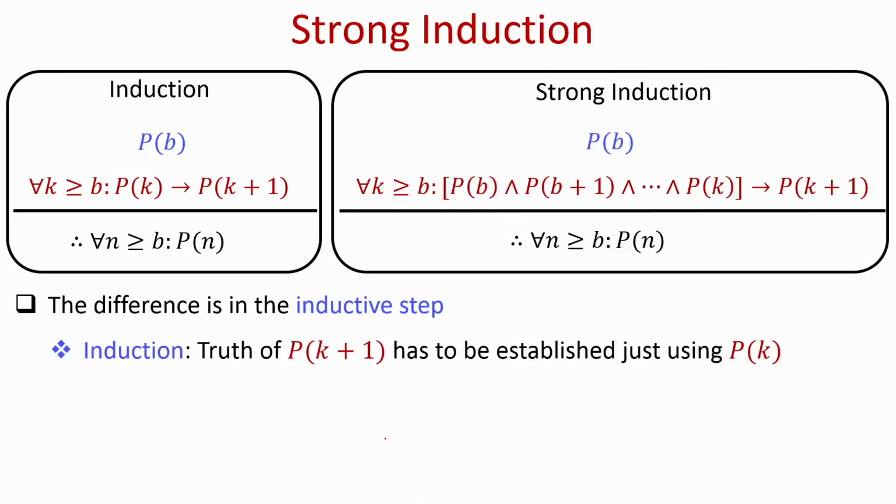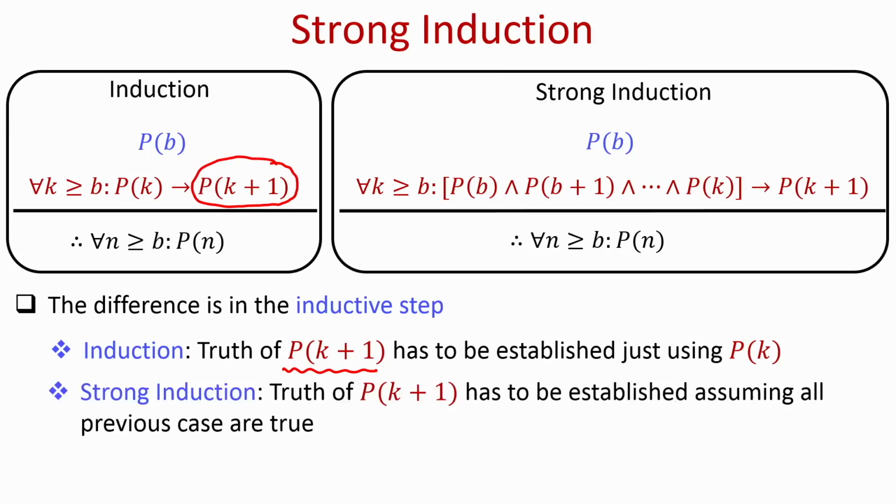So, the difference is that in the regular induction, the truth of the proposition P of k plus 1 has to be established just using P of k. That means, when you want to prove that P of k plus 1 is true, you are just given the hypothesis or the premise that P of k is true. You are not told anything about what is P of k minus 1, P of k minus 2 and so on.